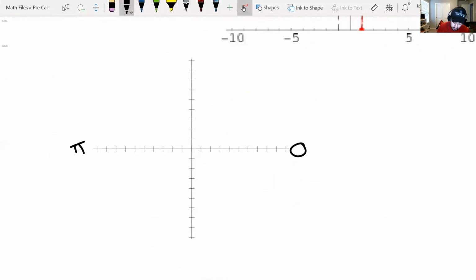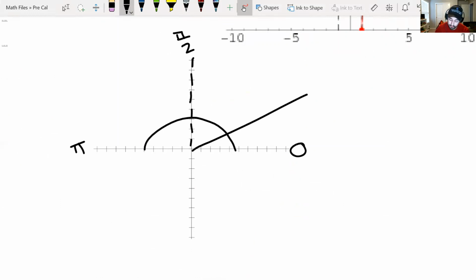Here's pi over 2. And I'm going to put a little dashed line here indicating we cannot use pi over 2. And the inverse secant is just like cosine. It lives in quadrants 1 and 2. And here are the radian values.